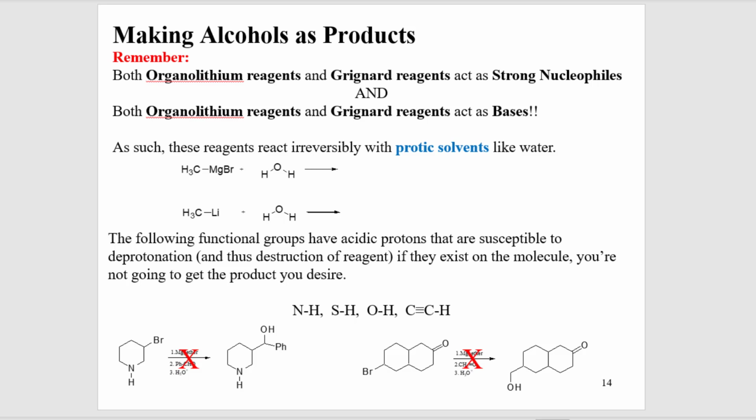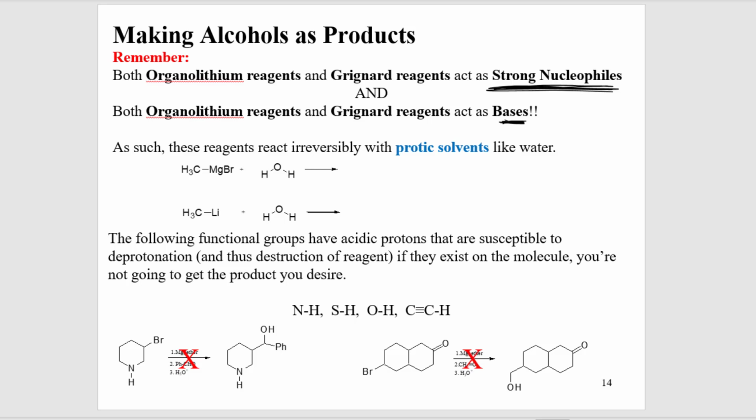Now, a little bit of note about both of these reagents. Carbon minus is unstable. They are very, very strong nucleophiles. But remember, there's a fine line between nucleophiles and bases. So organolithium reagents and Grignard reagents are strong nucleophiles / bases.